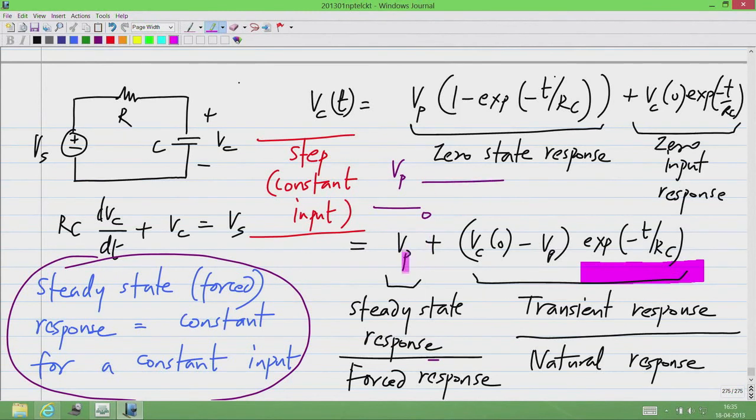That gives a steady state response which is Vp, which is also a constant. It happens to be the same as the input here, but in general it will be some constant. And you would have seen earlier that this was true for any constant input case. We discussed the step response of first order circuits extensively. We calculated the steady state response by open circuiting all the capacitors. So, if you have a constant input, the output will also be some constant. Okay. So, this is the first thing that we will use, and it turns out that exactly the same thing is true for second order circuits also.